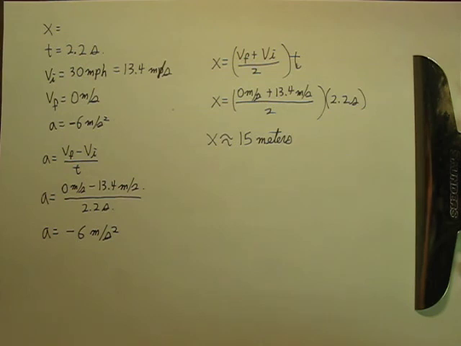So, I am hoping that that moose is further down the road than 15 meters, because if it's closer to me than 15 meters when I slam on those brakes, at some point in time I'm going to be running into that moose. Alright, that is that example problem for this video.